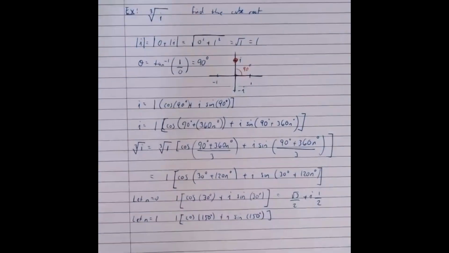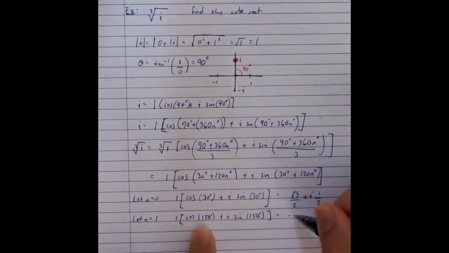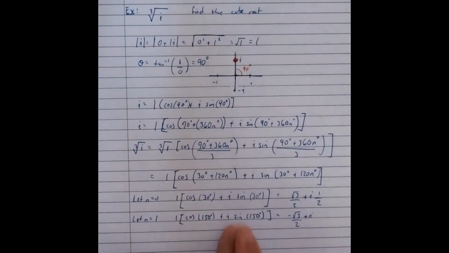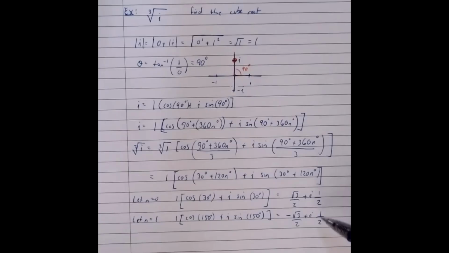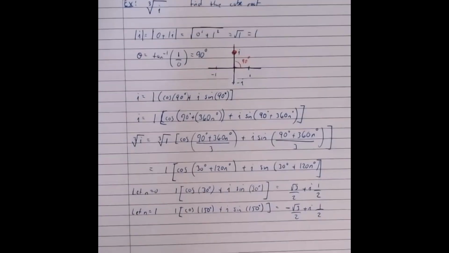Cosine of 150 degrees is negative root 3 over 2, plus i times the sine of 150 degrees, that's 1/2. No, but those aren't the same answer. They kind of look the same, but they're definitely not the same, because these have different signs. So here I found a second answer. I found another thing that would work as the cube root of i.